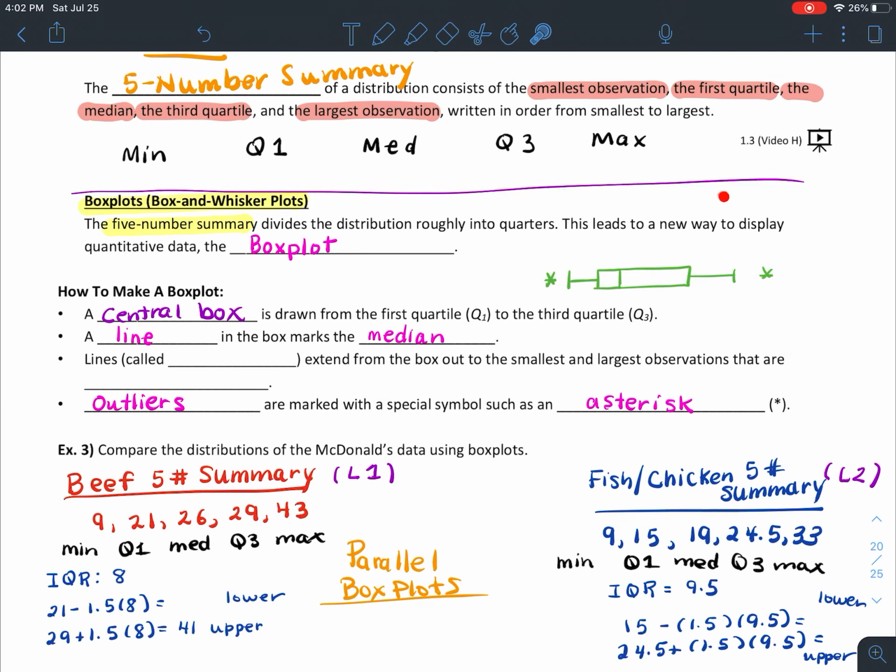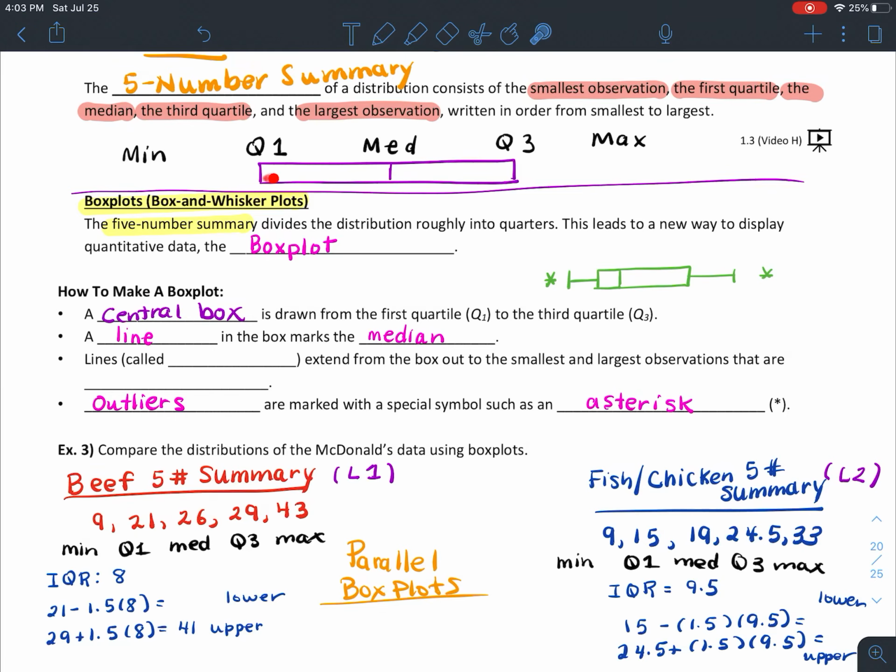That is an absolute must, to have a number line and to have it scaled and labeled with numbers somewhere across there. Okay, but then there is this central box that spans, like the sides, the vertical sides of the box are right where on the number line Q1 and Q3 would be located. Okay, it says then a line in the box marks the median.